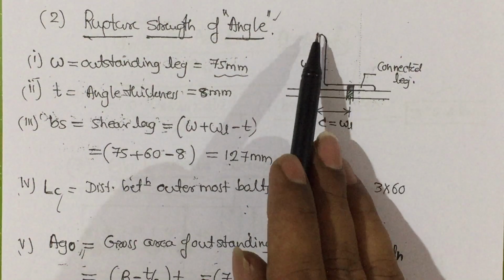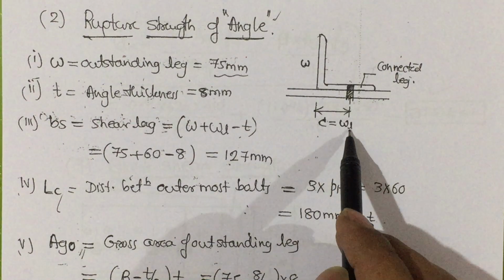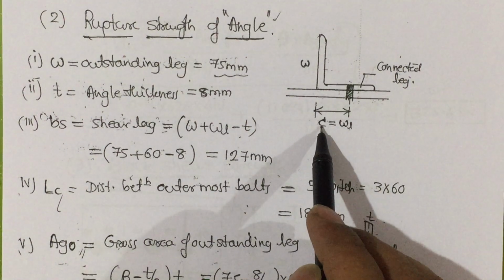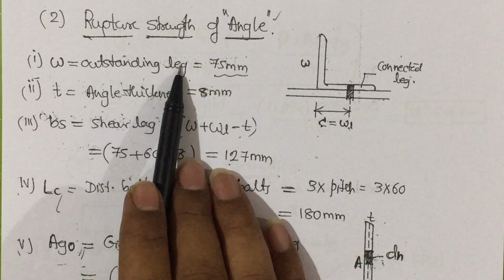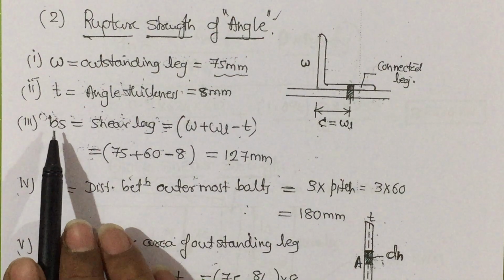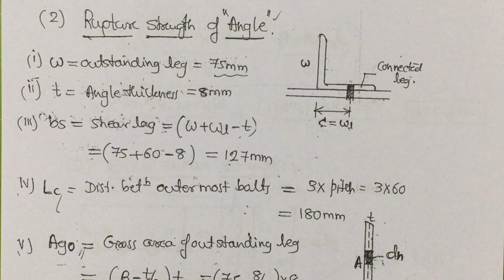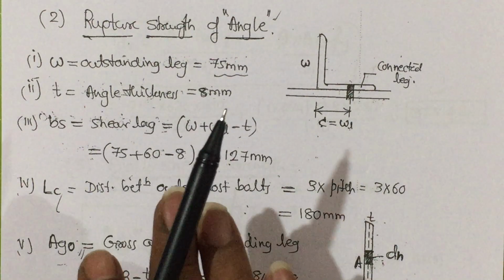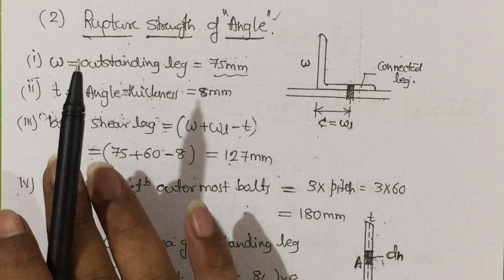The width is W, thickness is T, and from edge to edge we call that WL, that will be equal to the C, centroidal distance. So W is the outstanding leg 75 mm, T is the angle thickness 8 mm. No need to write it descriptively like this, only for your understanding purpose I have mentioned it in a descriptive manner.